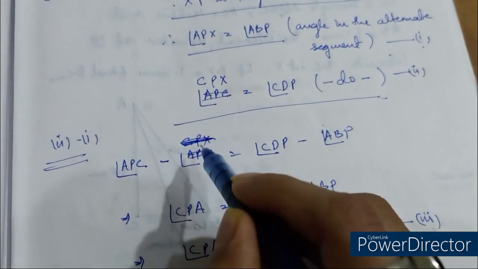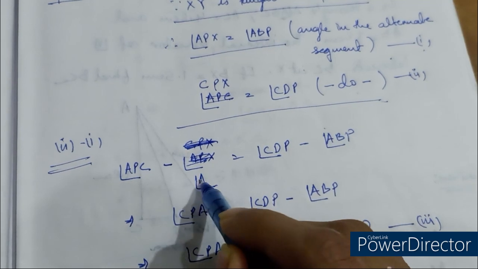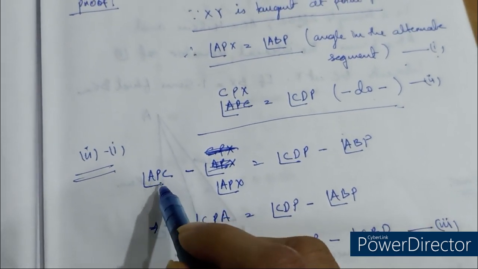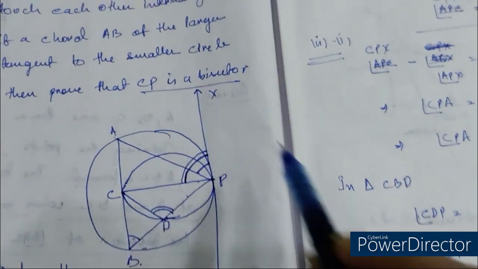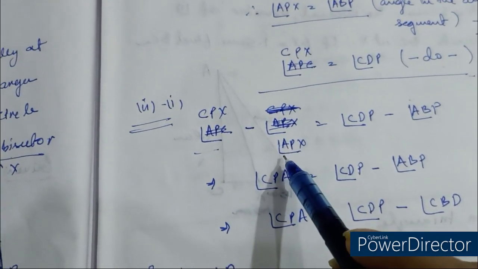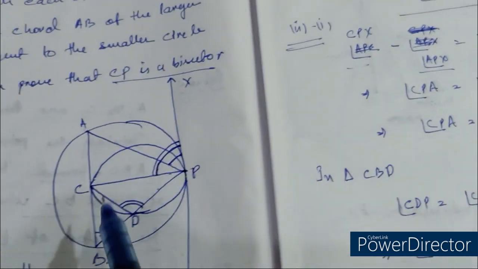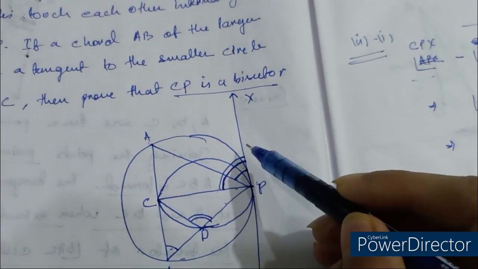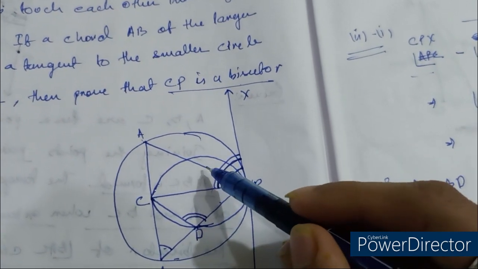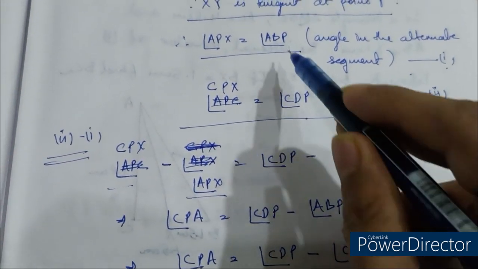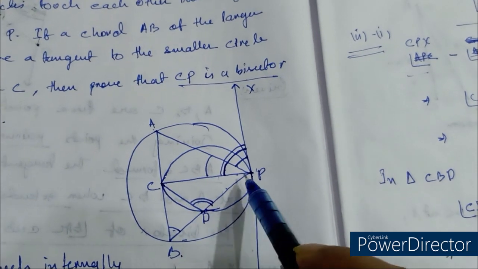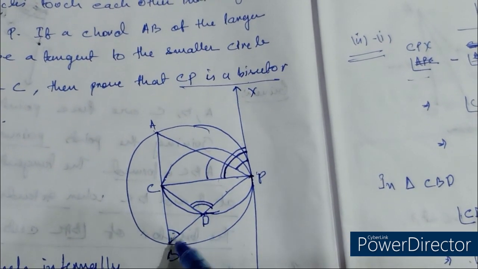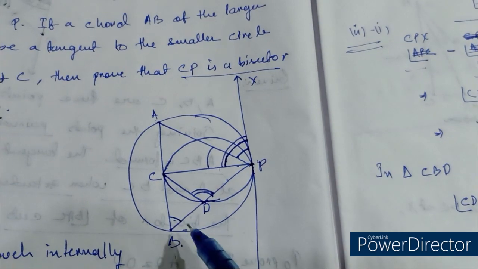CPX minus APX, this whole angle minus APX, is equal to CDP minus ABP, this angle minus this angle.